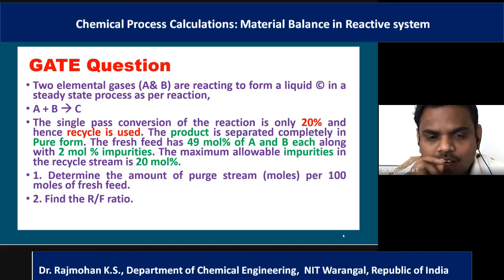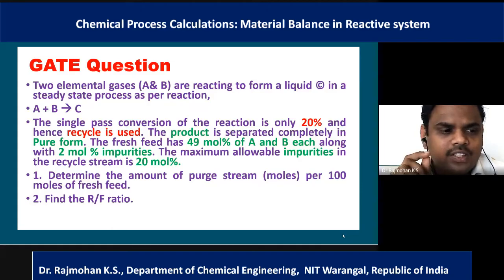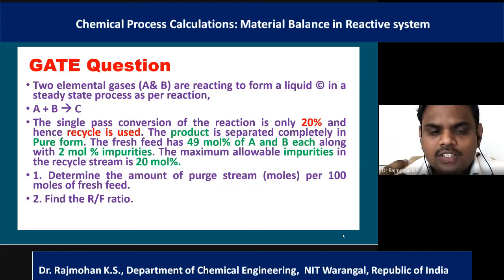The fresh feed has 49 mole percent of A and B each, along with 2 mole percent impurities. The maximum allowable impurities in the recycle stream is 20 mole percent. The first part is to determine the amount of purge stream in moles per 100 moles of fresh feed, or the percentage of purge stream with respect to feed stream.